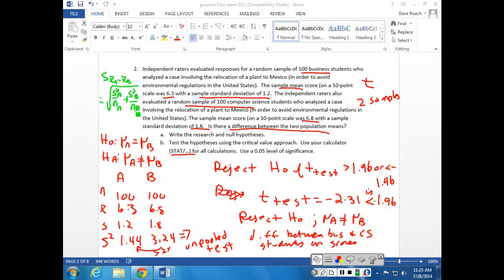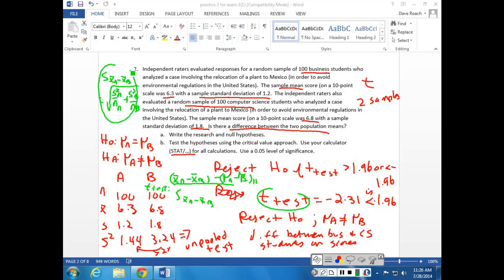And if we were going to compute this t-test, it would be x bar A minus x bar B, minus mu A minus mu B, hypothesized statistic minus hypothesized parameter, divided by whatever we had there for the standard error.